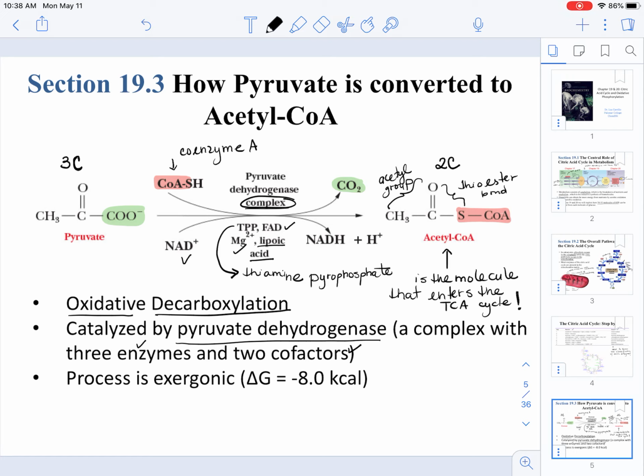Now understand that the whole process of converting pyruvate to acetyl-CoA is an exergonic process, which means that energy is going to be released overall when this reaction happens. Now that we have synthesized acetyl-CoA, we are going to start talking about how acetyl-CoA enters the pathway and is overall cycled through the citric acid cycle to generate oxaloacetate.